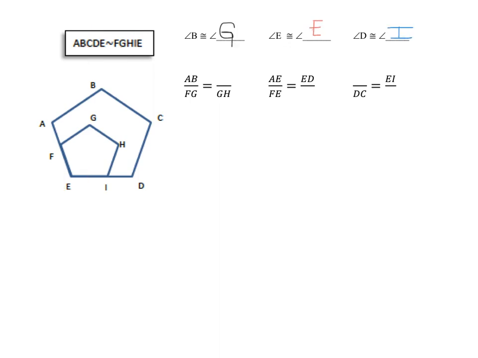Okay, so for the ratio pairs, we're looking at AB set up on top of FG. Those are corresponding. And then on the second part, we're looking at something matching up with GH. So that must be BC. And then AE over FE. So we've got the first and the last. And then ED, so the last two, it should match up with EI.